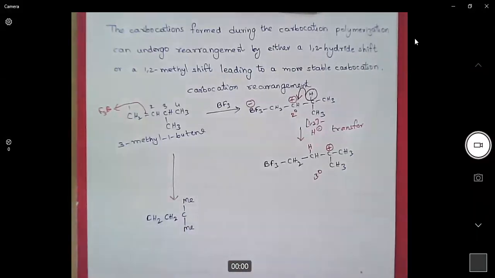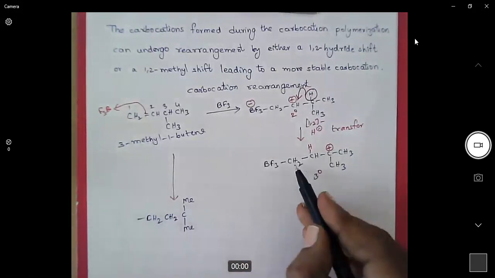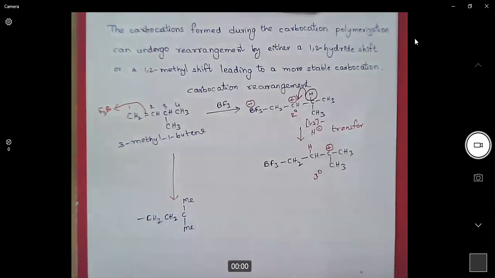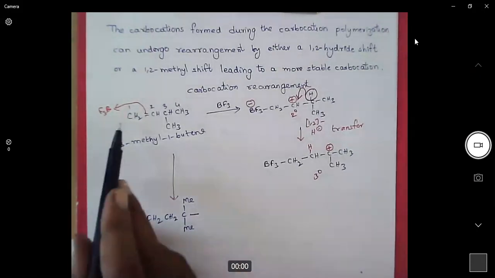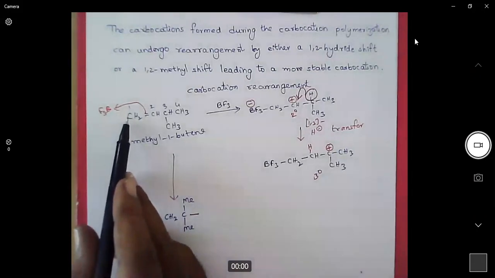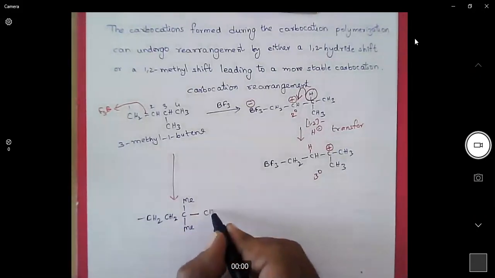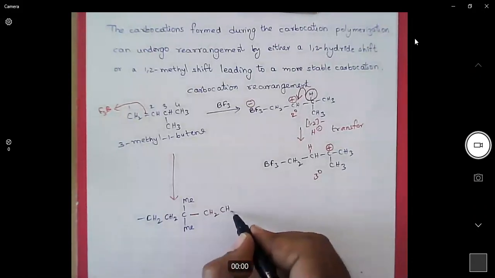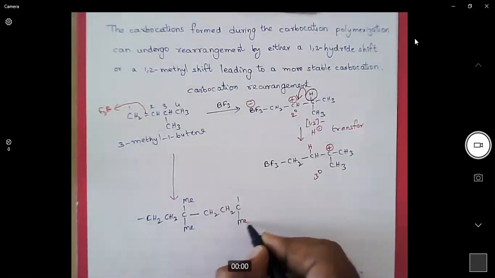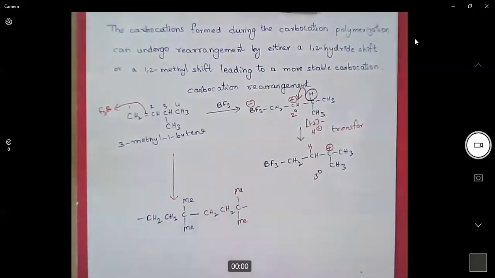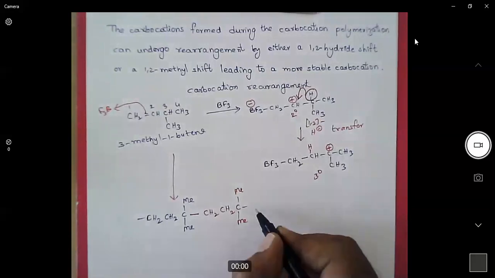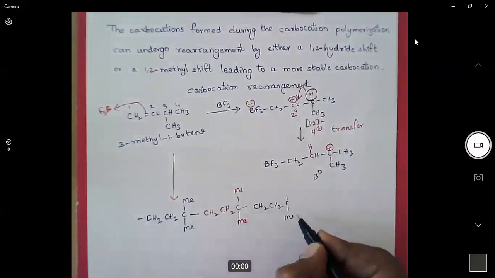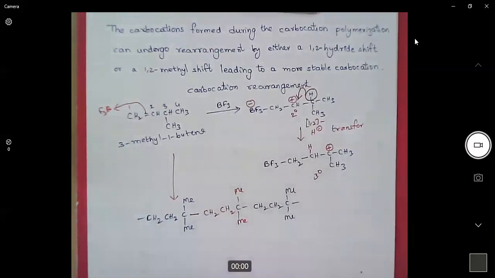then this is CH2, CH2, C methyl, methyl. Now it will bind to another monomer at the end carbon. So a CH2, CH radical cation will be generated, which will migrate. This is the next monomer, and this is how this cationic polymerization will occur.